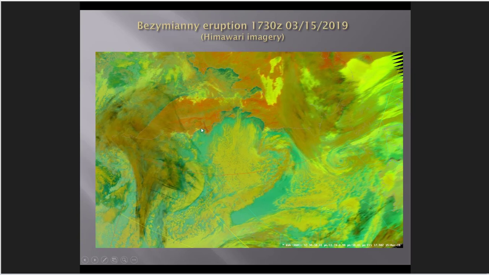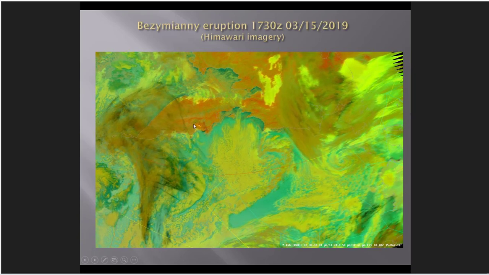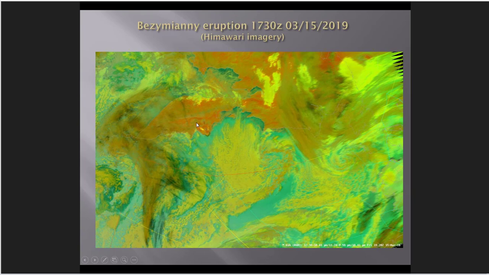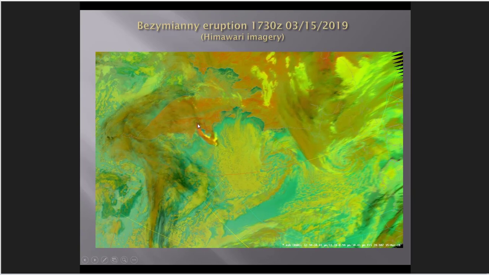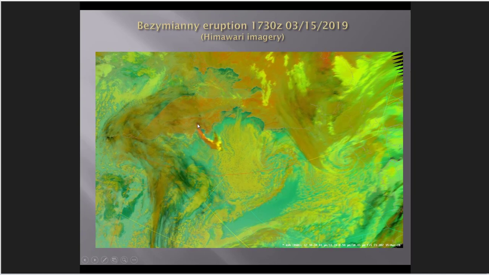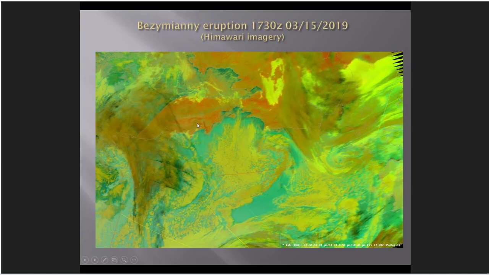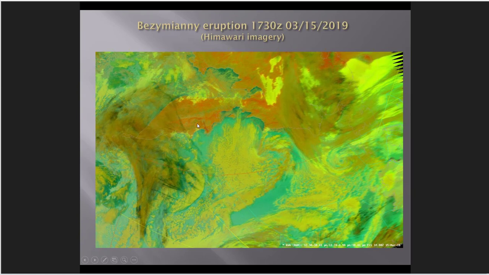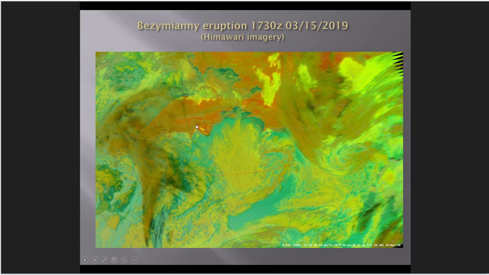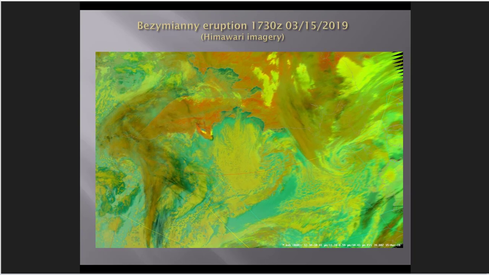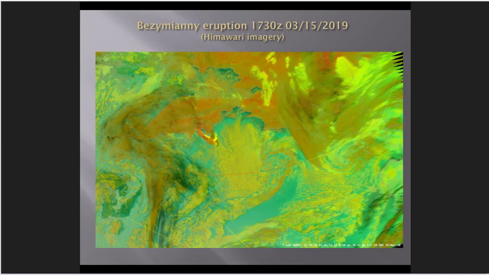It was circular right at this point, and then it quickly spread. There are strong winds aloft, 60 to 70 knots. But if you look again at the initial plume, it's circular, and that indicates a lot of updraft to me. And yeah, if I remember correctly, it alerted on the VolCAT system fairly quickly. Okay, great.